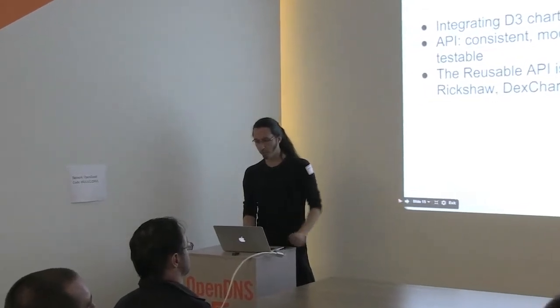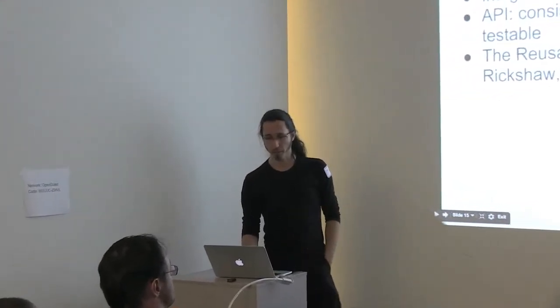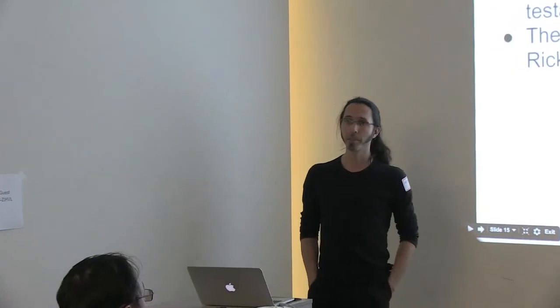So just to wrap up, integrating D3 charts in an application is always a bit hard because you can find a lot of D3 examples, but that's not enough. So you need a very consistent API. The Reusable API is one that is already used in D3, so that's probably easy to learn because you already have a very good example for it.